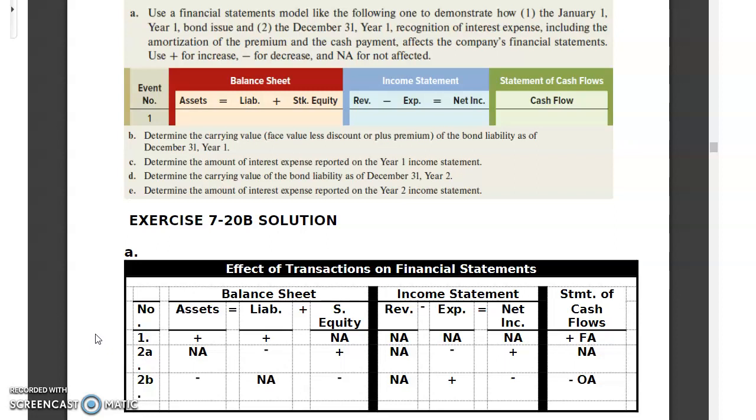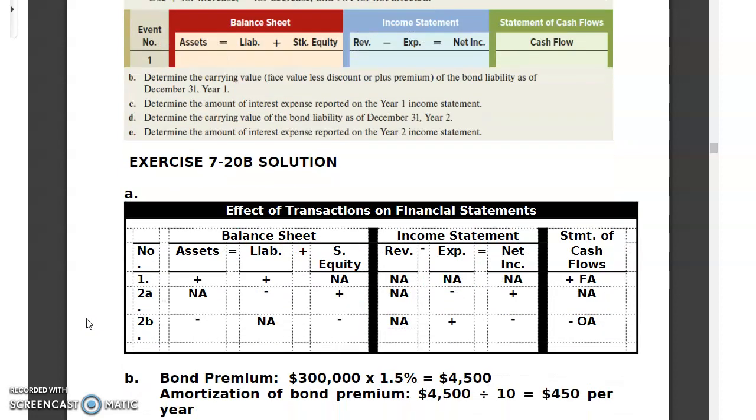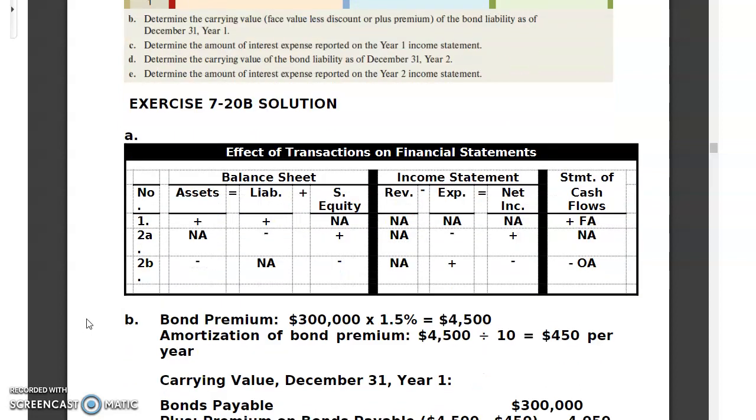All right, part B. Determine the carrying value, the face value less the discount or plus the premium of the bond liability as of December 31, year 1. Okay, so this calculation is down below. The bond premium, remember these were sold at 101.5.